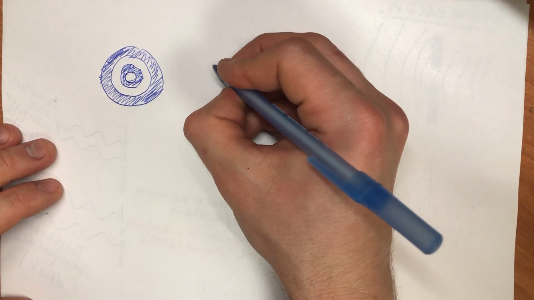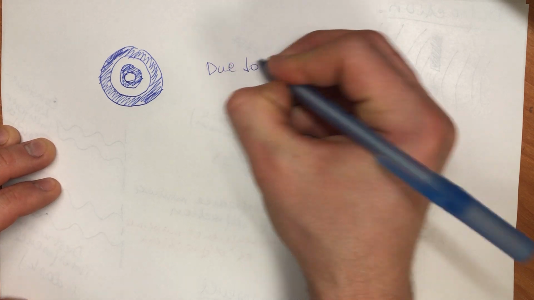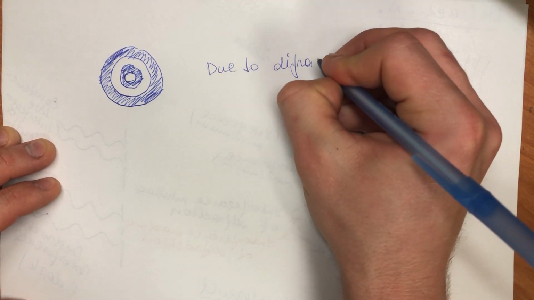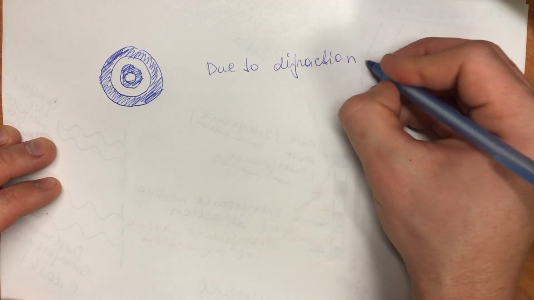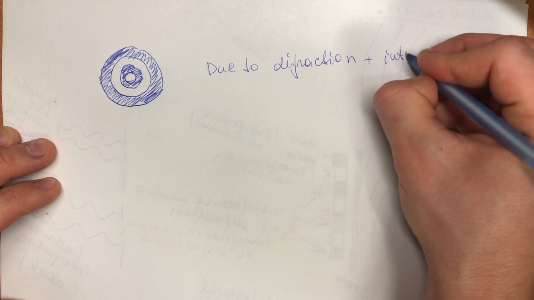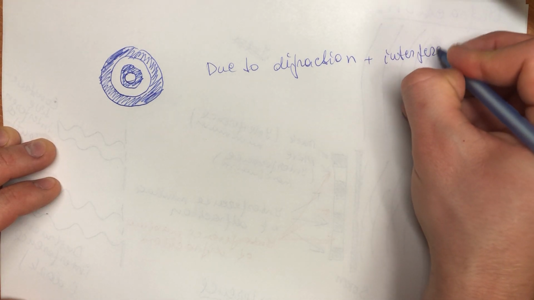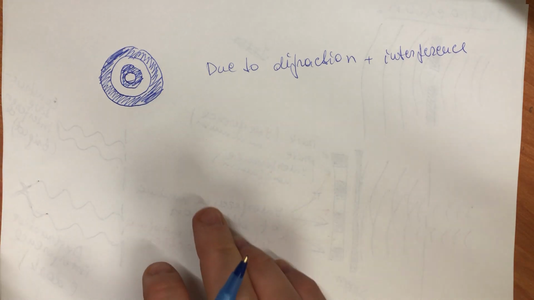So this is due to diffraction, sometimes just the term diffraction is used, but it is due to diffraction plus interference. When a laser is passing through a small hole, the same thing is happening here.